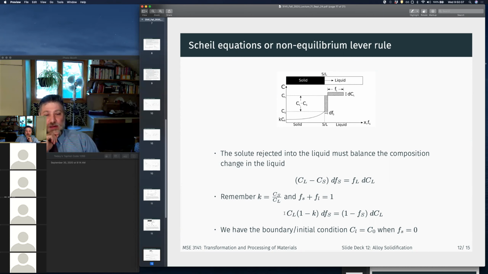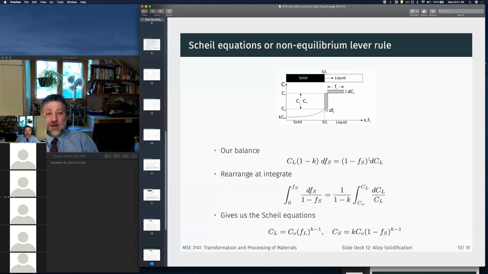This is nothing but a fancy way of writing the conservation of mass. Then we also know the boundary condition that when we initially started, the composition of the liquid has to equal our alloy composition when the fraction of the solid equals 0. So this is an initial condition that we can use to solve this equation.